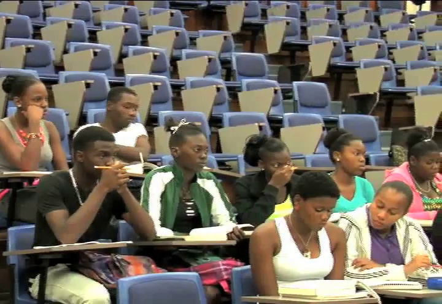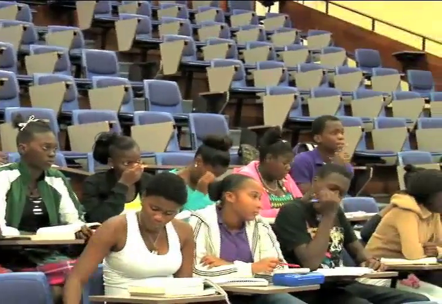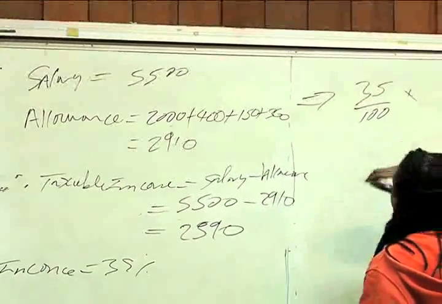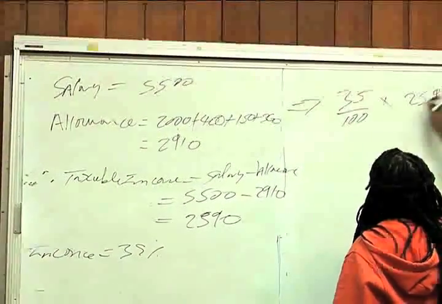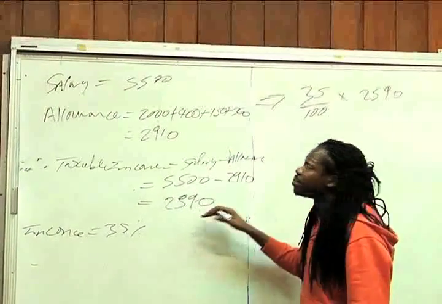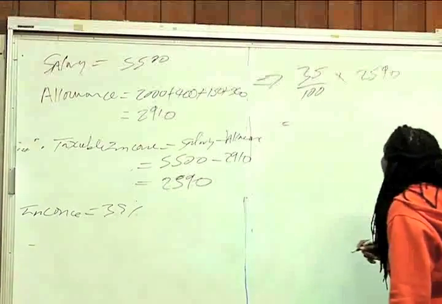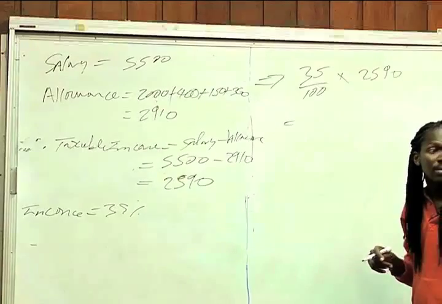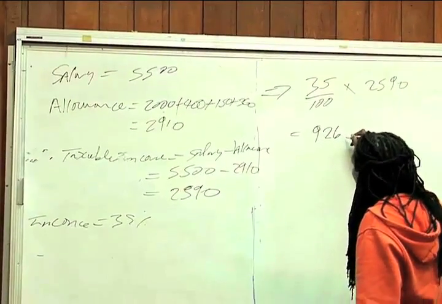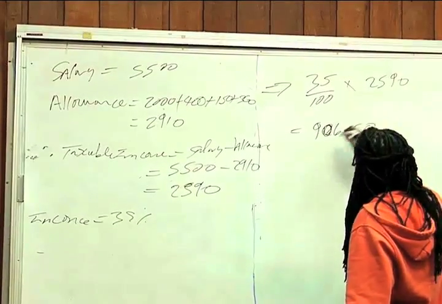Income tax equals 35%. This implies 35 over 100 times taxable income. You realize I don't use the 5,500, I use this taxable income. Right? So that is equal to what? 906.50.